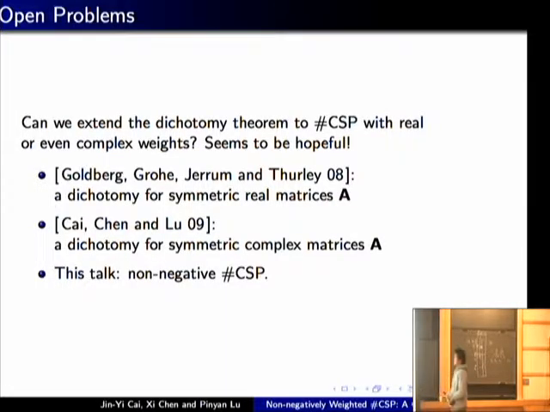So I feel like we already have all the pieces there. In particular, I feel that we already have collected all the algorithmic and complexity theoretic elements in order to prove the dichotomy for real or even complex weights. But putting everything together seems to be really difficult.